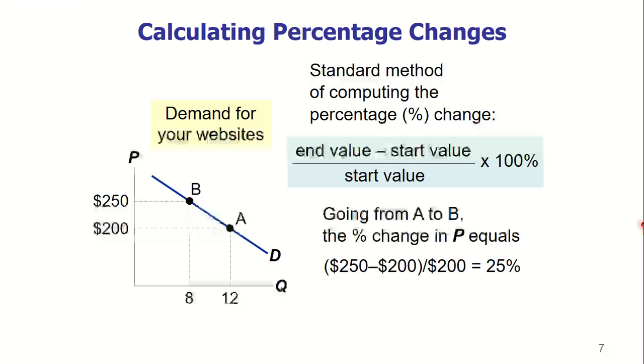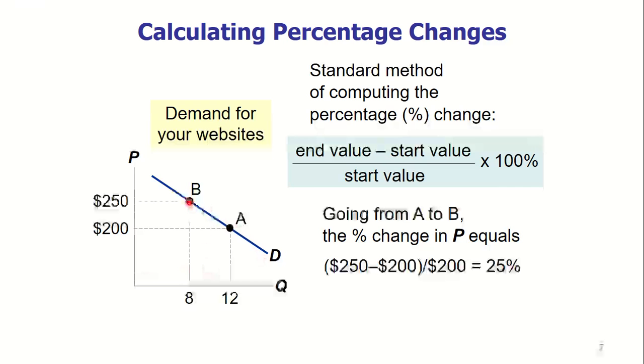Now comes calculating percentage changes. The standard method of computing the percentage change is end value minus start value divided by start value multiplied by 100%. Now here is the graphical representation.